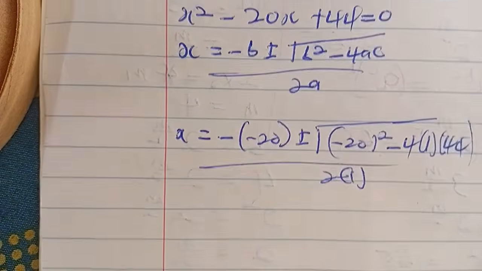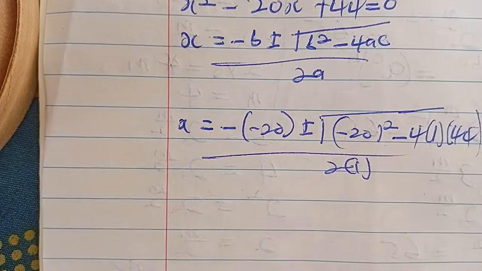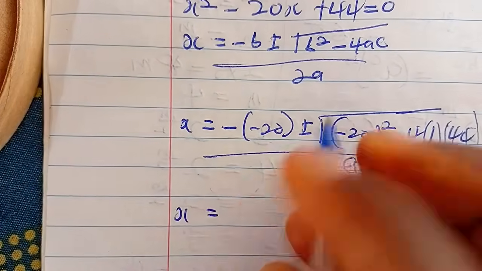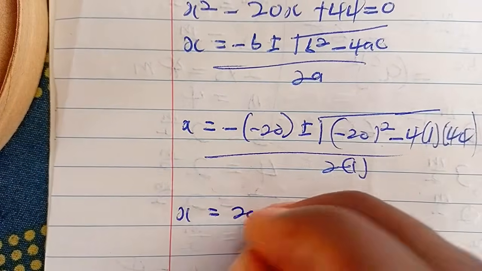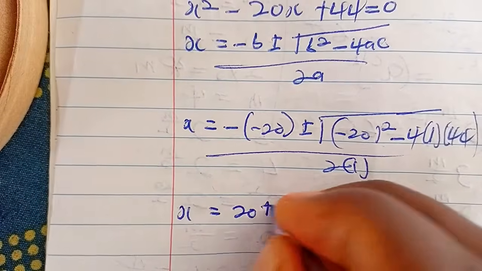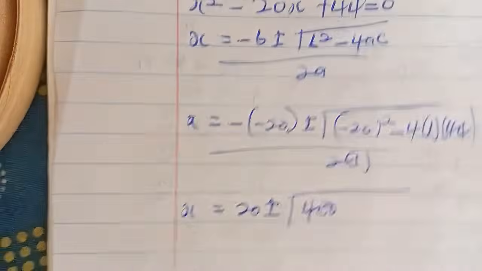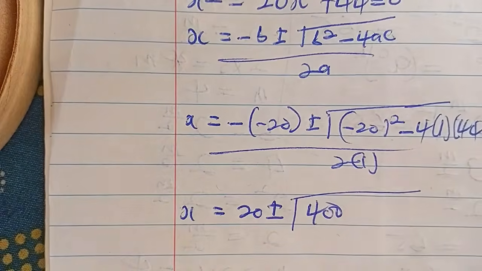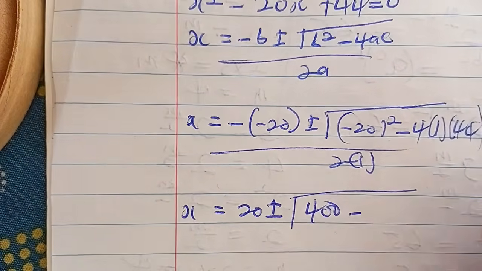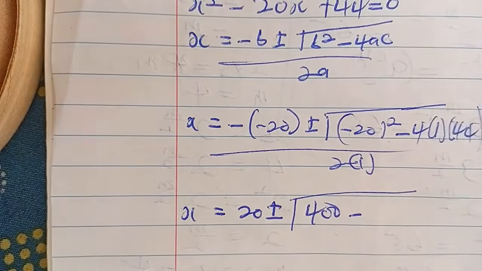When you break this down, you're going to have x equal to 20 plus or minus the square root of 400 minus 4 by 44.